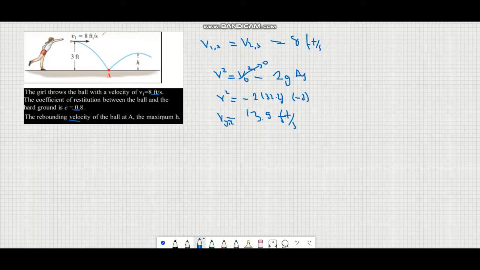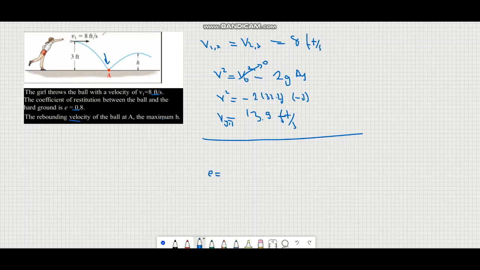vy2. Okay, so vy1 before the collision, when it hits here from this height down, is gonna be 13.9 feet per second. From 0 to 13.9 feet per second, velocity gains due to the potential energy. Then it rebounds. We will use the coefficient of restitution.